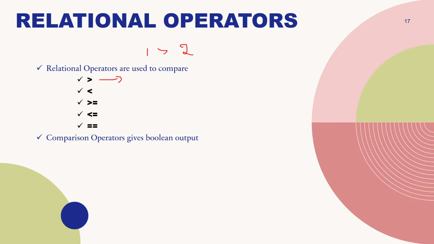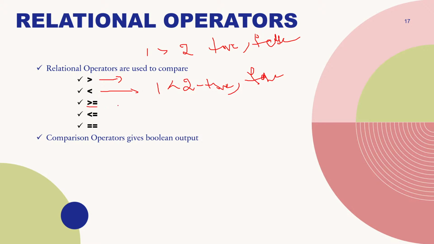If first operand is greater than second operand, it will give true. If it is not true, it will return false. Okay. It is less than symbol. It will compare first operand with second operand. Is it less than second operand? It will give true. If it is not less than, it will give false.